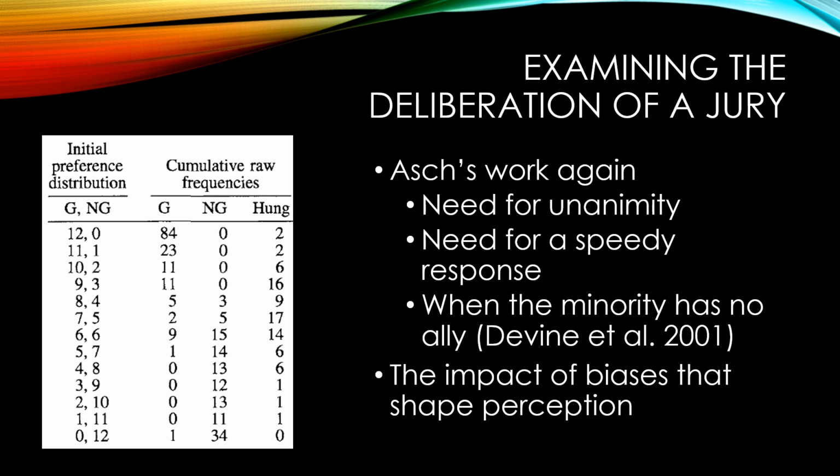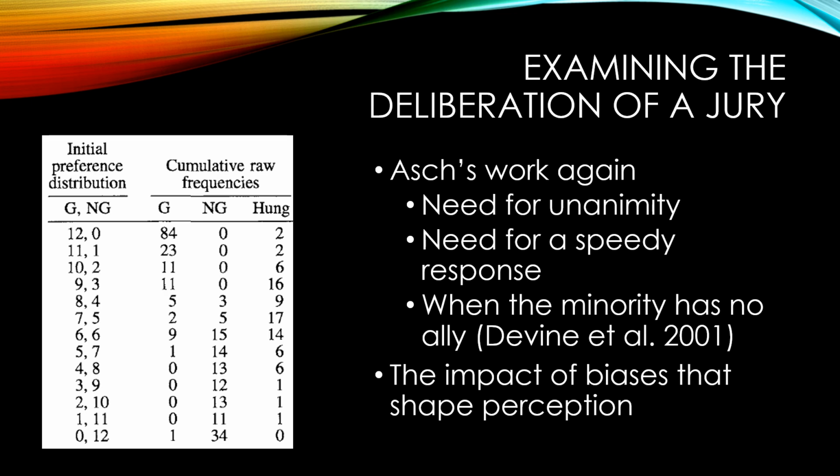What's a little more surprising is the cases where 11 individuals suggested that somebody was guilty and one person didn't. Again, every time these individuals came back with a guilty verdict, minus 2 where they just came back with a hung jury.